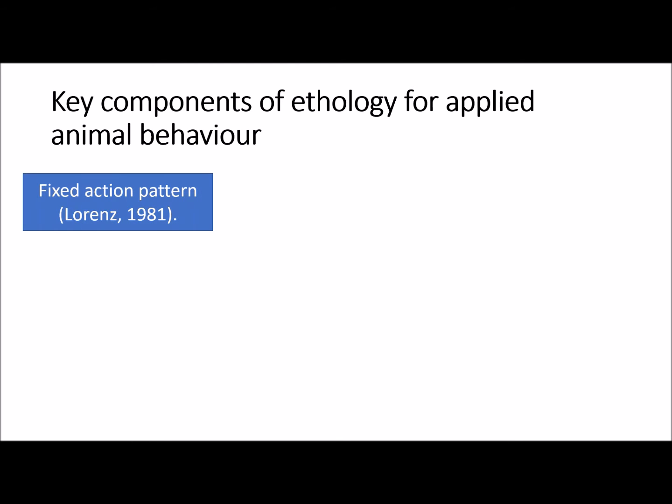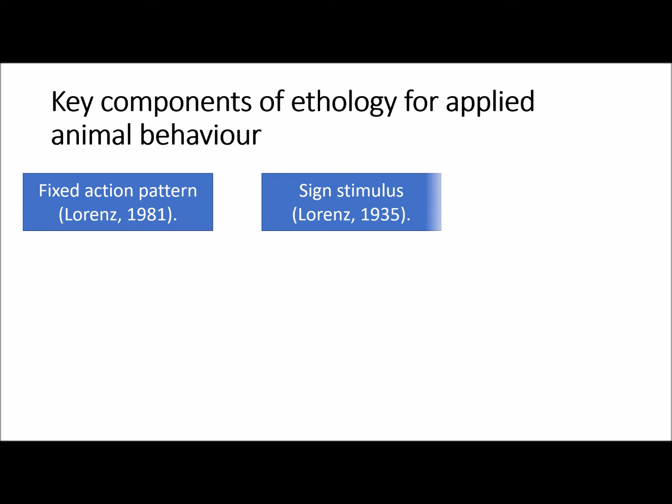And if we put ethology into an applied concept, we need to think about the key components of the scientific study of behaviour that are important for an applied situation. We know that there are some behaviours that are termed fixed action patterns.